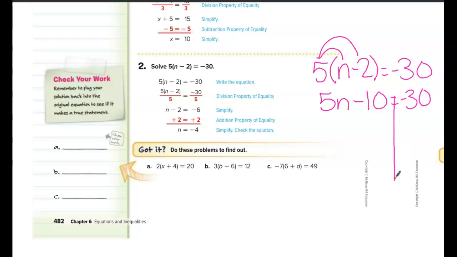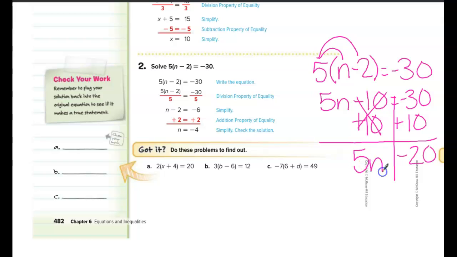Now I need to get rid of that negative 10 first, so I'm going to add 10 to both sides. You can use your calculators on this. Just remember to type in the negative, not minus 30. So if I have 30 negatives and 10 positives, I have more negatives, and I have 20 more. This made my 0 pair, but I still have 5n.